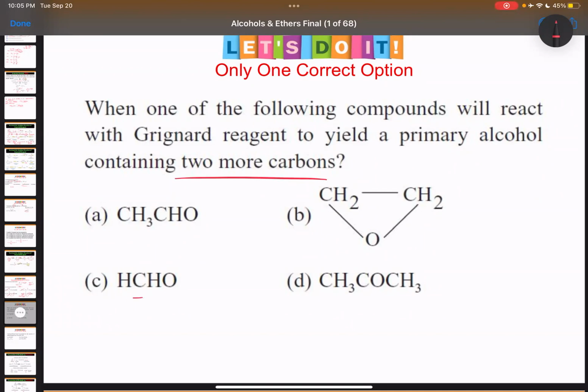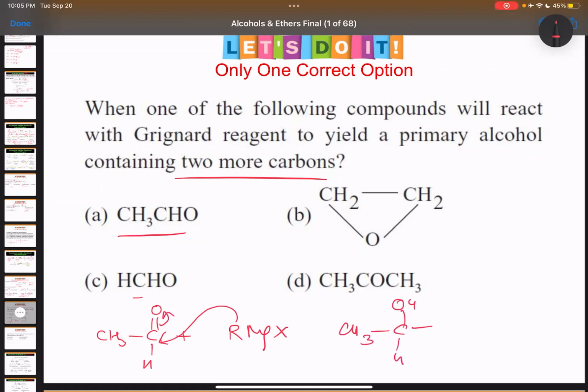Sir, then A? A, but that will be a secondary alcohol. This is a secondary alcohol.